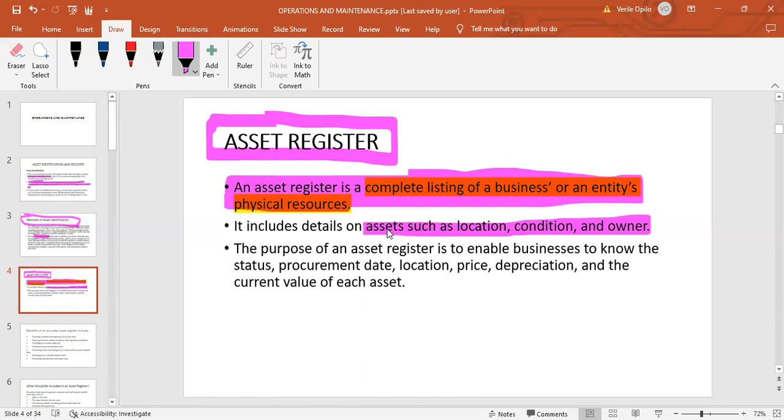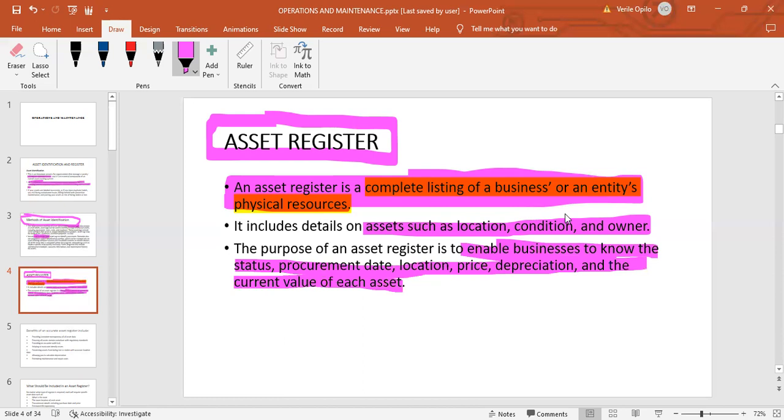So the purpose of having an asset register is to enable an organization to know the status, the procurement date, location, price, depreciation, and the current value of each asset. You need to be informed about the asset. Where is it? When was it acquired? What is the current status? Does it need maintenance? In which department is it located?